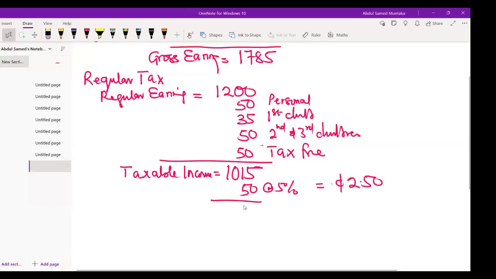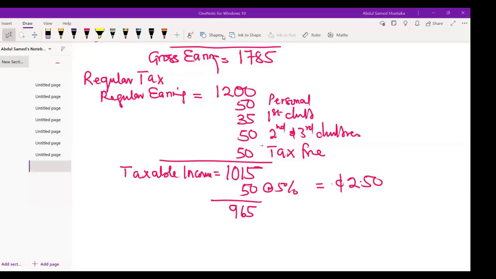If we subtracted this, what will we get? Subtract 50 from 1,015, and we will get 965. Is that correct? Good.